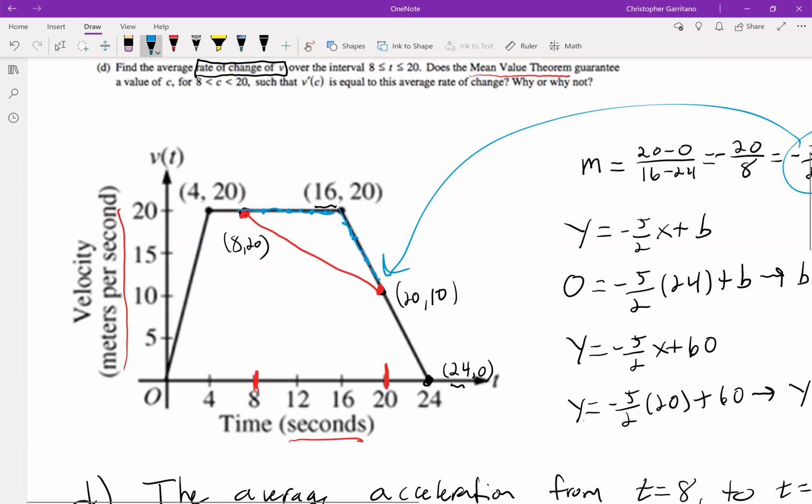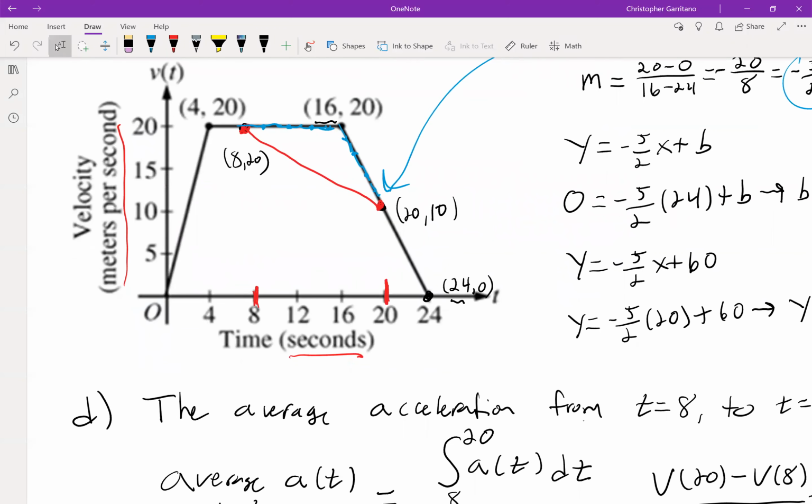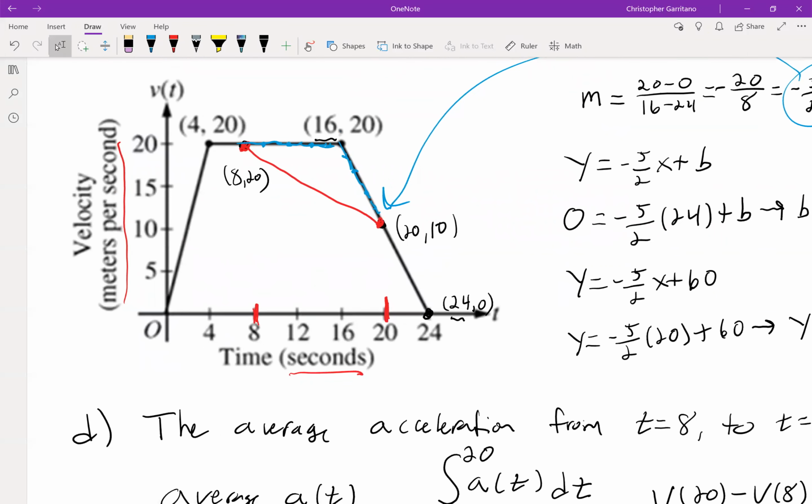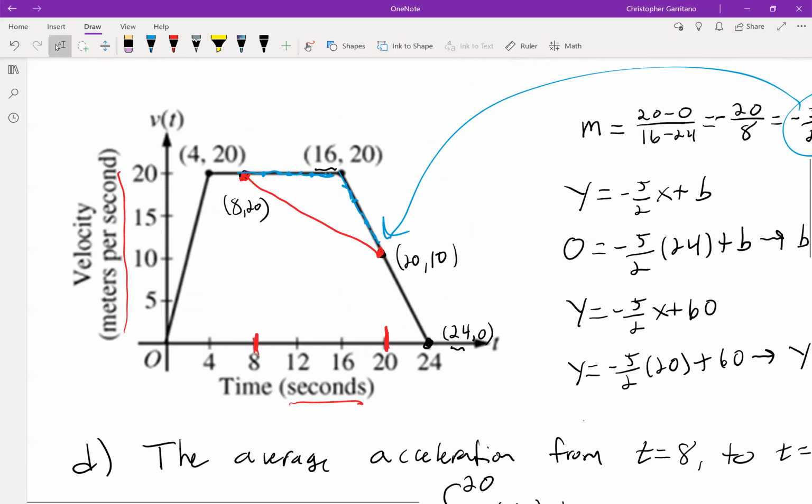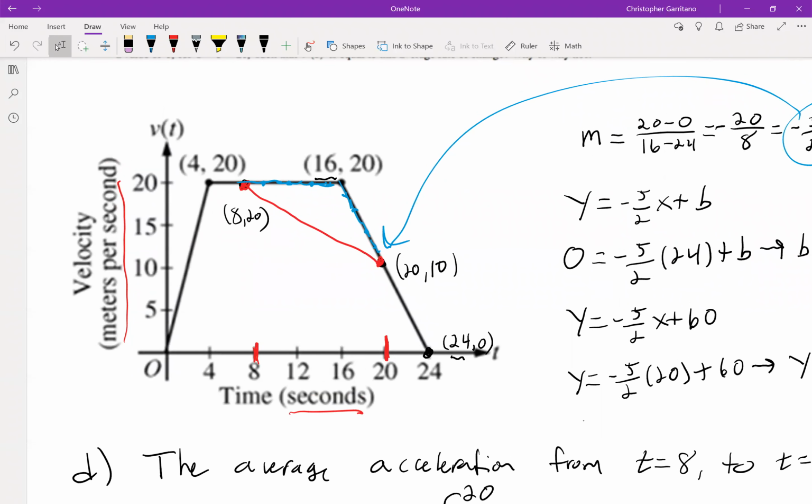Now our situation fails that definition. Why? Well, that definition said that the function we're analyzing, which in this case is velocity, has to be continuous and differentiable on this interval. Velocity is definitely continuous on this interval, but we know that it is not differentiable. I cannot find the derivative of velocity at this point right here because of that corner.